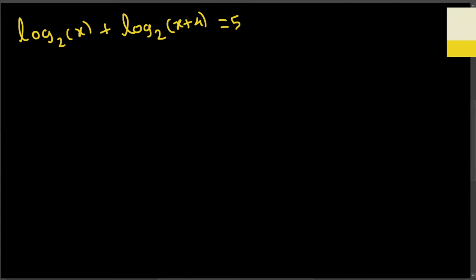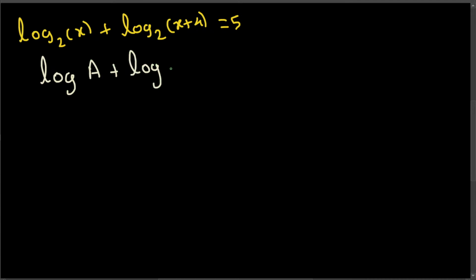If you remember from my last video, in a logarithmic equation when we have an addition, let's say log a and log b, we can also express this as a multiplication, log of a times b. So that's what we are going to do right here, because if we do that, we can simply solve this one.